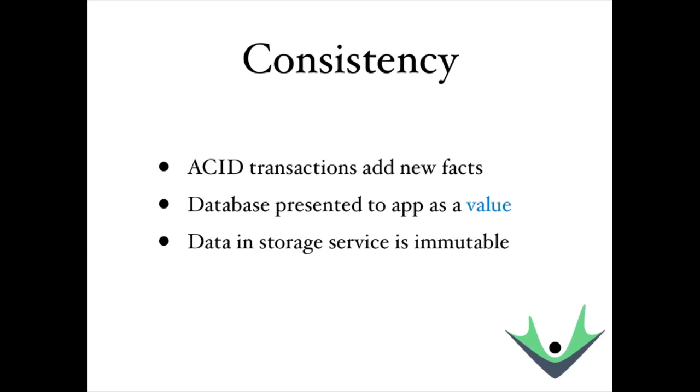And that's a stable thing that you can issue queries upon and compare to other values of the database. The other thing you get out of taking an approach to consistency based upon immutability is that the data that's put into the storage service is immutable and therefore subject to extensive caching, because we're never going to go back to a data segment and change it.